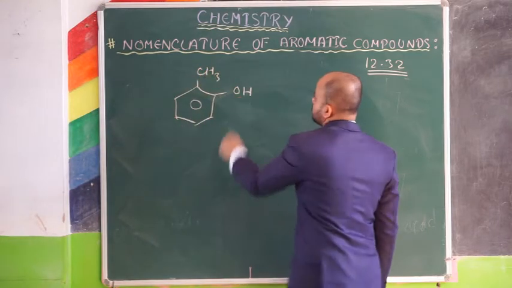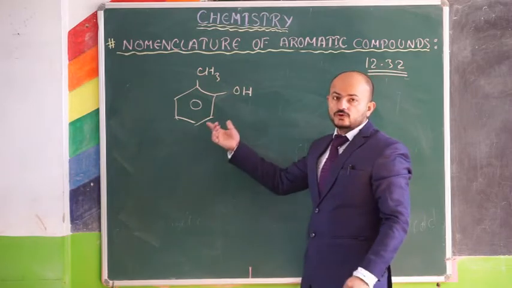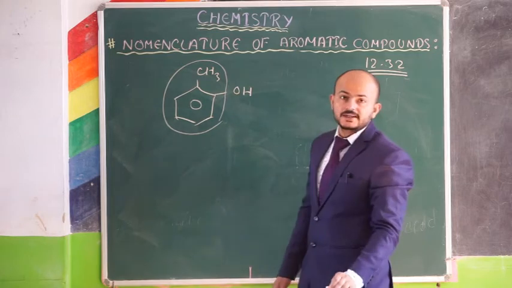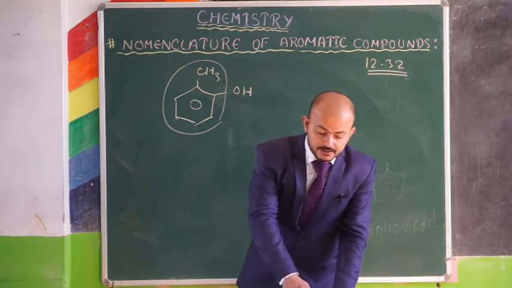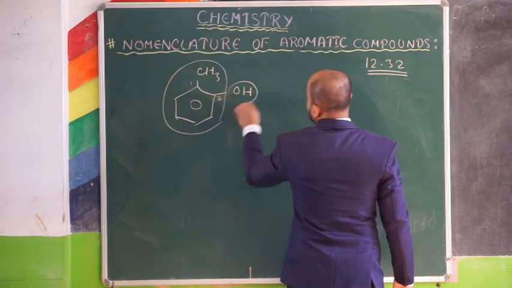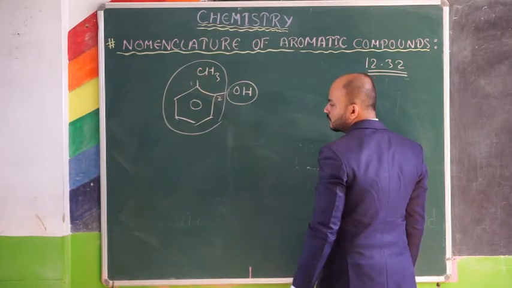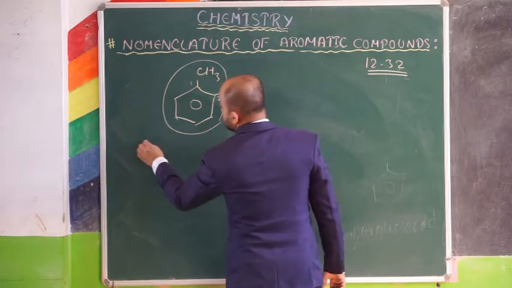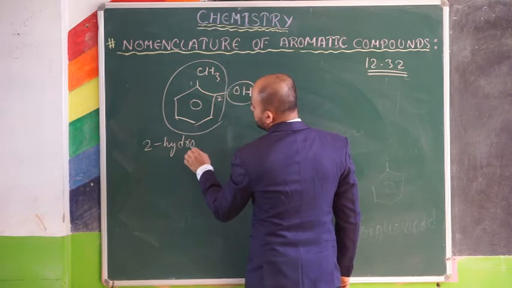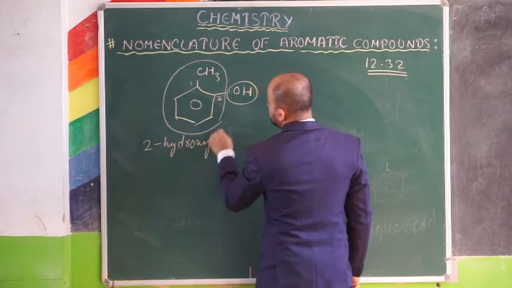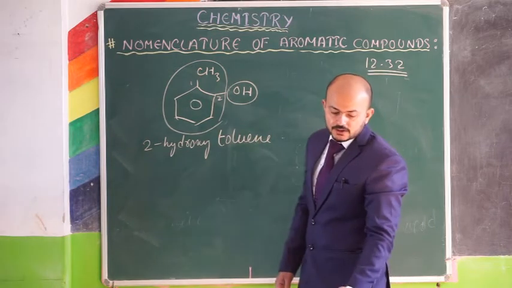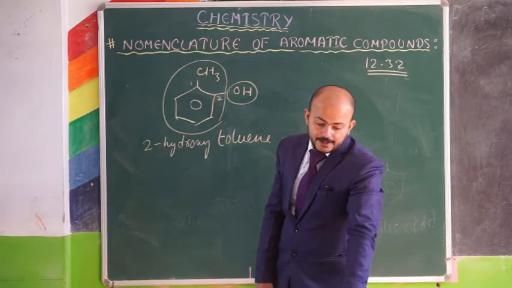This as a whole is toluene, and at carbon number 2 we have an OH group, that is hydroxy. Therefore its name would be 2-hydroxy toluene.